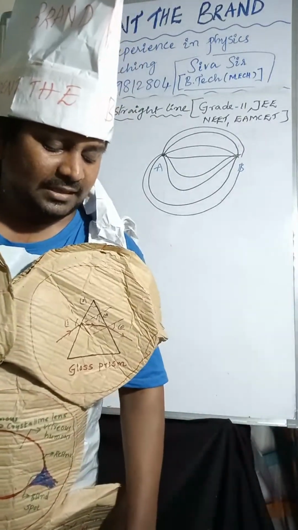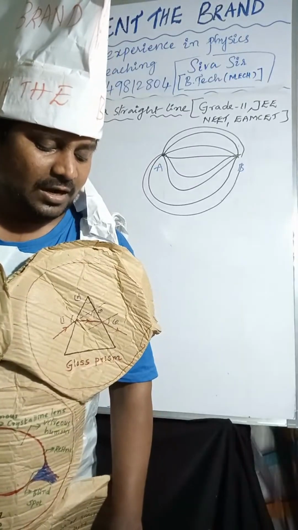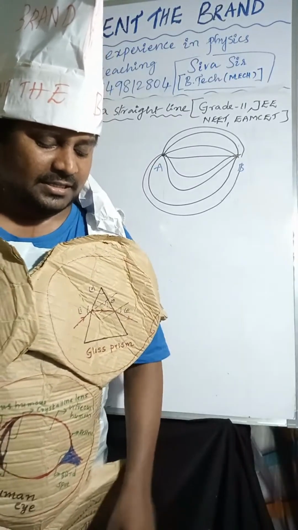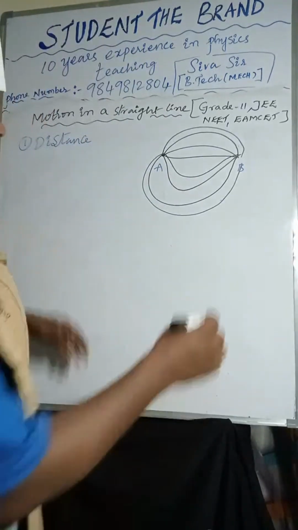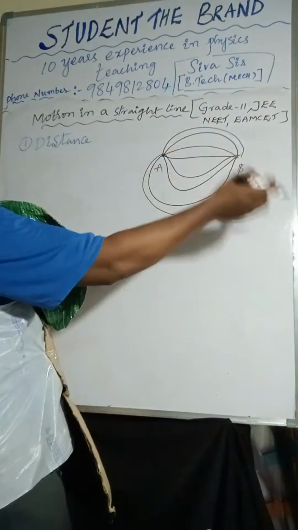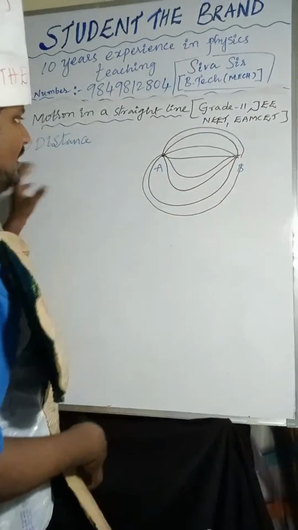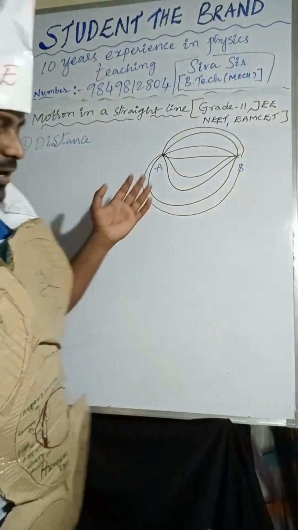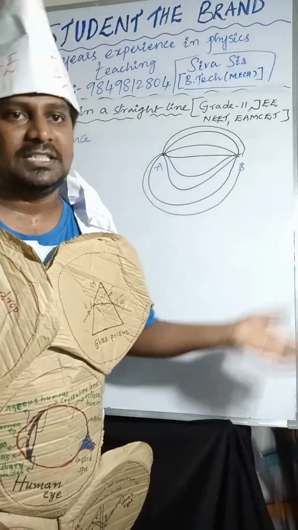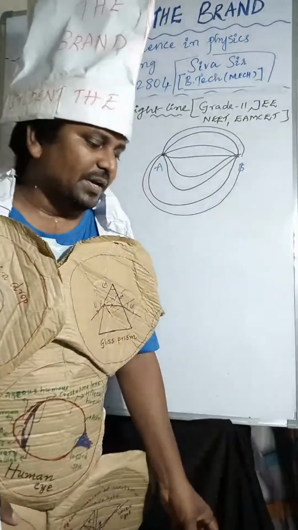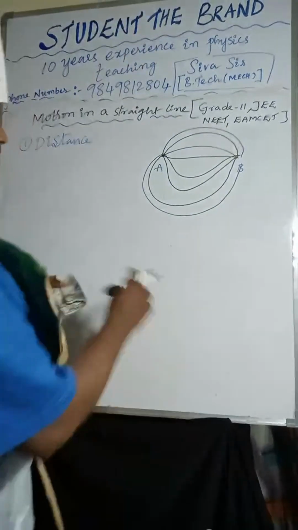We can take any direction, any path, from A to B. The total length covered by an object is called distance.